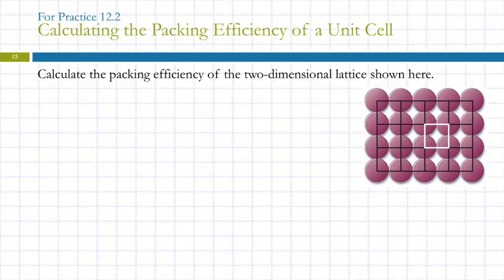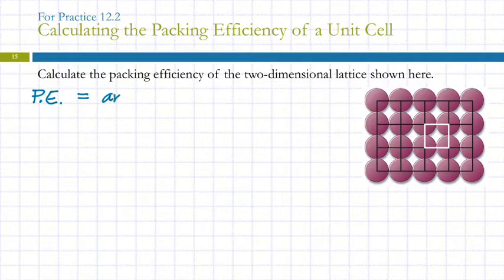So here's a two-dimensional problem. Calculate the packing efficiency of the two-dimensional lattice shown here. They don't give us any numbers because we don't actually need any numbers. So packing efficiency, I'm just going to call it PE, is going to equal, this is two-dimensional, so we're going to look at area, right?